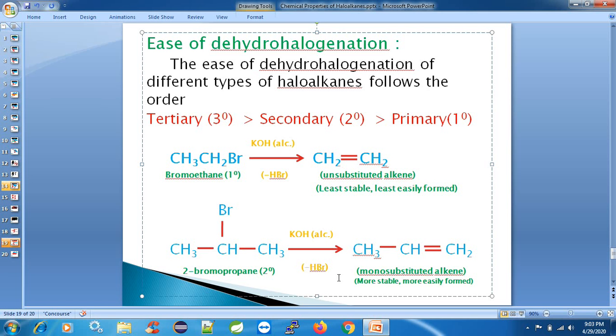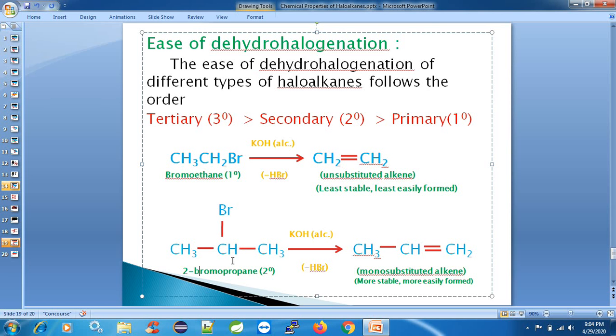Propene is produced because here the alpha carbon, to which the bromine is attached, has beta carbons on both sides. From any side, if the hydrogen atom is removed, the product will be the same, that is propene, and it is a monosubstituted alkene and it is more stable in comparison to ethene. So for that it is more easily formed.